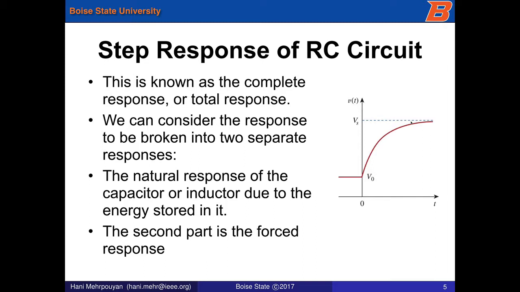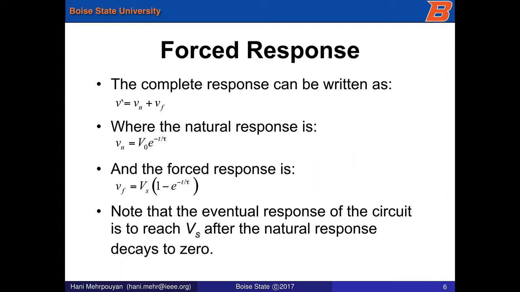If we look at the natural response and the forced response, and we add them together, we would again arrive at the step response, or the full or complete response of the circuit. So let's have a look. If we say that the overall voltage is given by the natural response of the circuit plus its forced response, then we can write down what is the natural response.